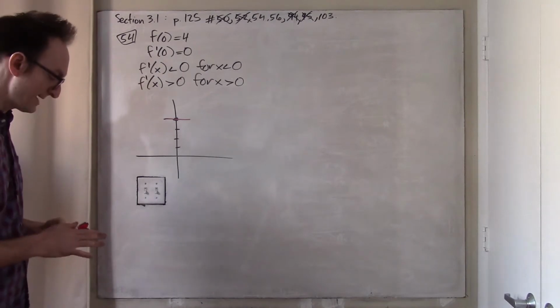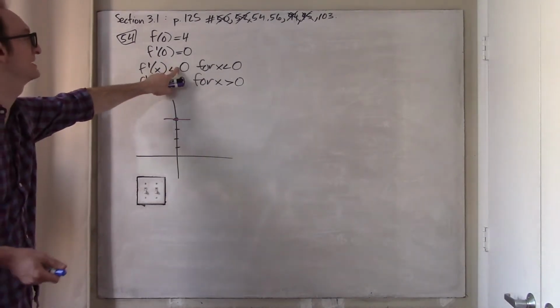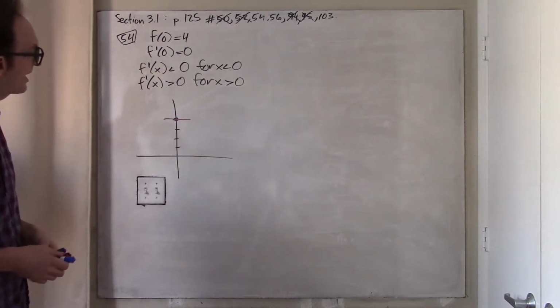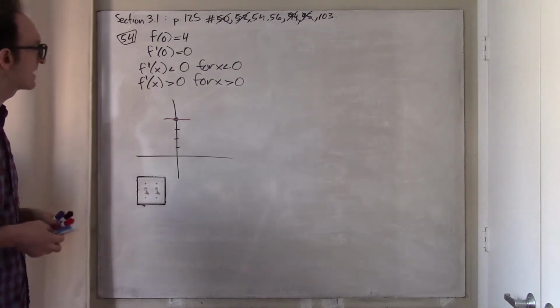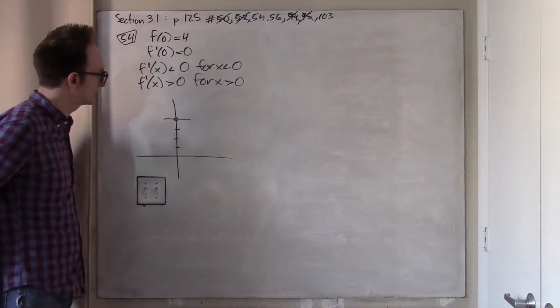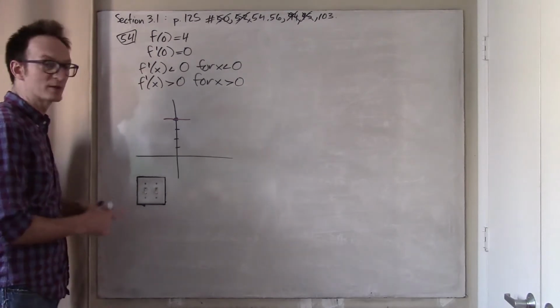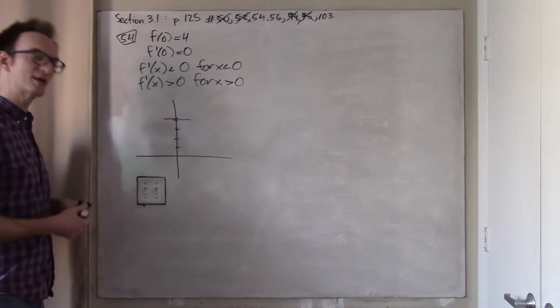And now, the derivative is supposed to be negative for negative x and positive for positive x. Well, what does that mean? What does that tell me about the function? If the derivative is negative, well, the slopes of the tangent lines are negative.